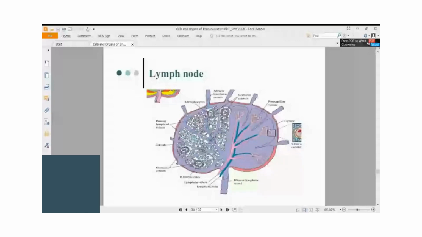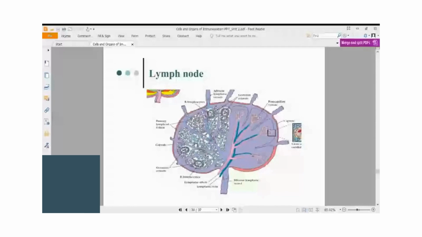And that TH cell, which had committed to the antigen presented on class 2 MHC, will remain as a T memory cell for life in an individual. So the process of acquired immune response and acquired immune memory will begin in the lymph node.